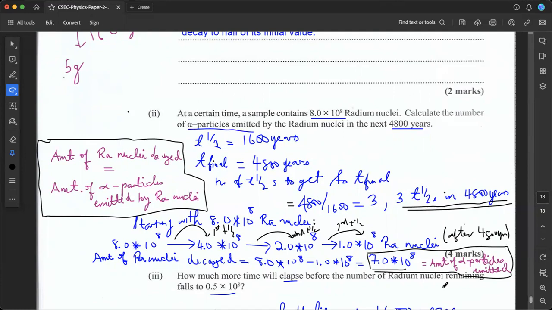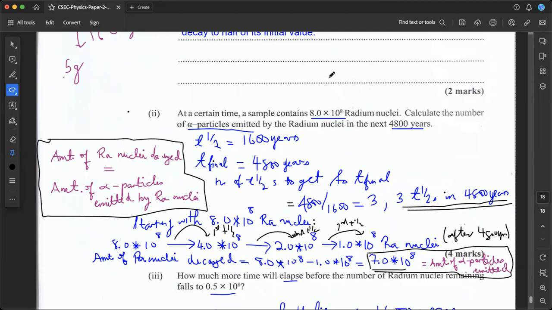Just make sure that you sit with this one a little bit and really understand what's going on. They're not simply asking how much radium you have after these many years. They're saying, tell me how many alpha particles would have been emitted over this period of time.